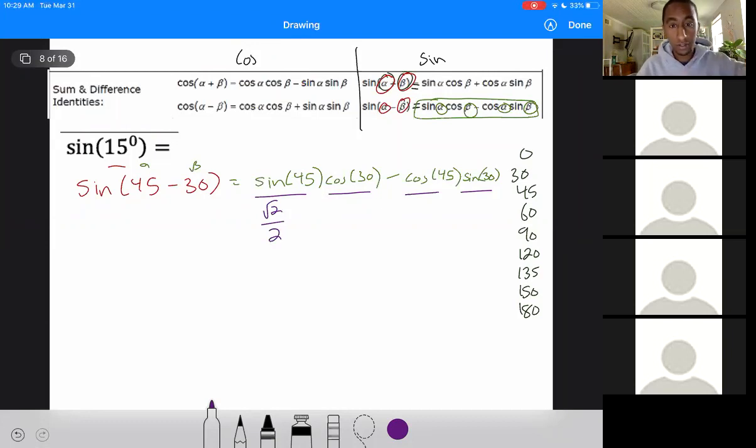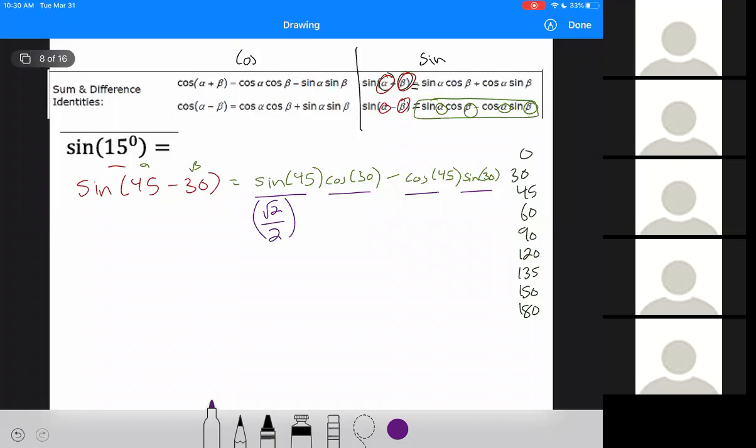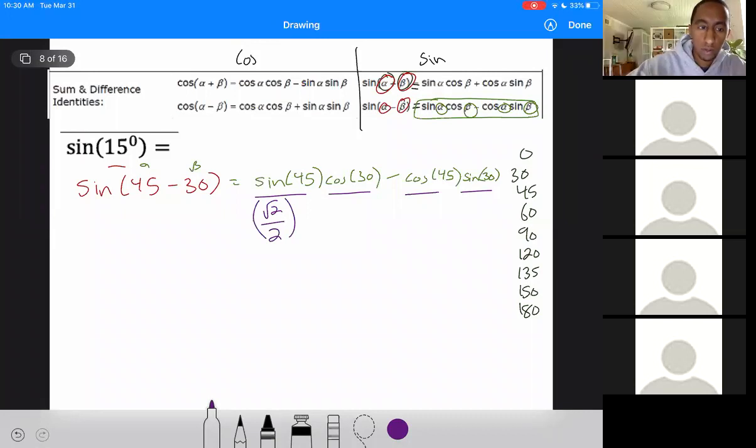And then cosine of 30? I don't remember who I asked that for cosine of 30. I think it was Jocelyn. Okay, she messaged in the group square root of 3 over 2. And then cosine of 45.